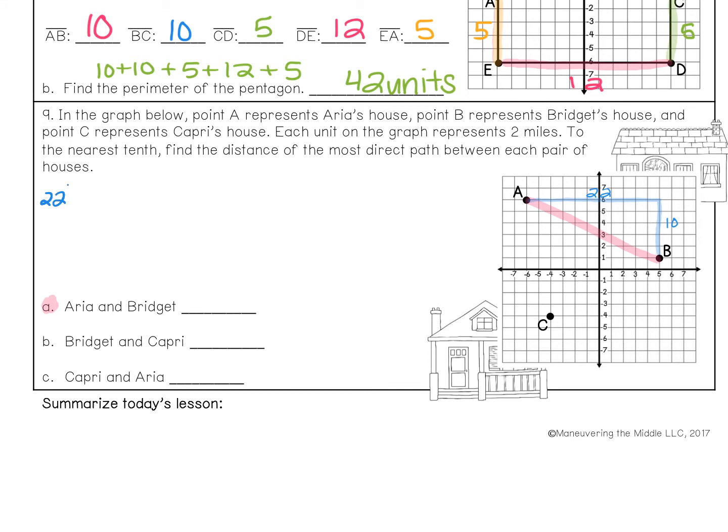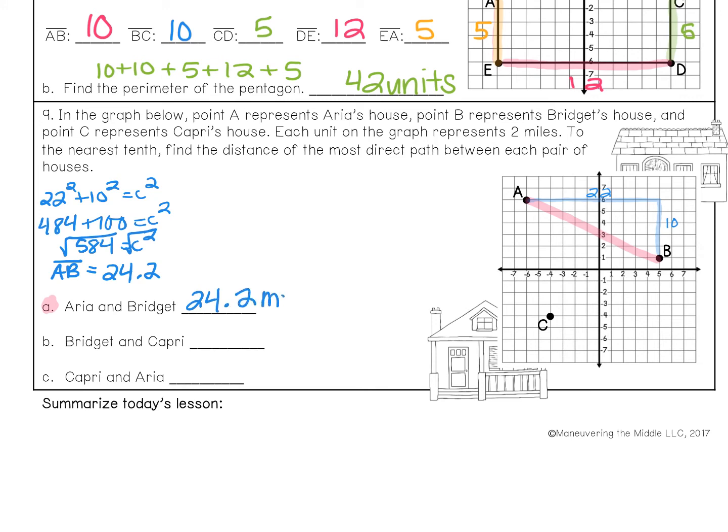So 22 squared plus 10 squared equals C squared. 22 squared is 484, plus 100 equals C squared. Now to take that square root to the nearest tenth, I get that AB is 24.2 miles.